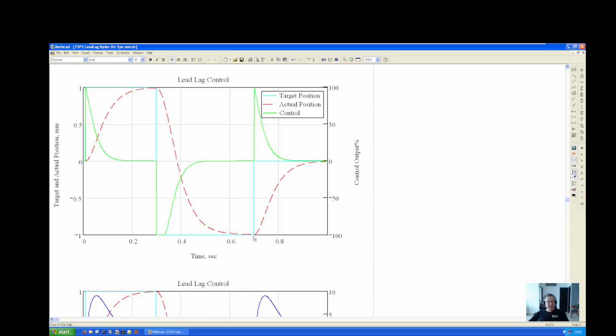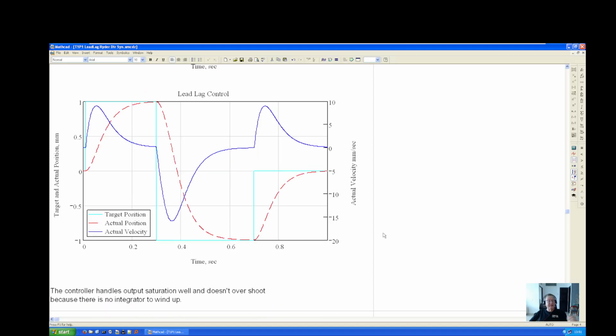And then it goes through some sort of amplifier or similar, and then you get an output, but you're limited by this plus or minus 100%. This is my velocity, and I just want to point out that, again, we're not making it in 0.2 seconds because we're in saturation.